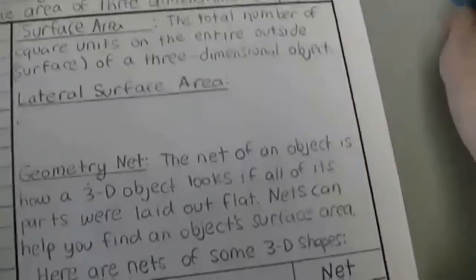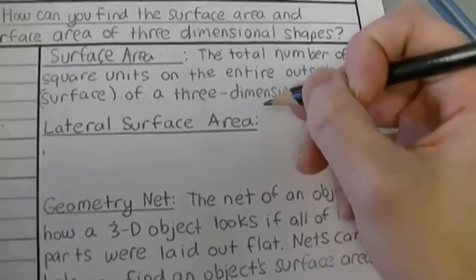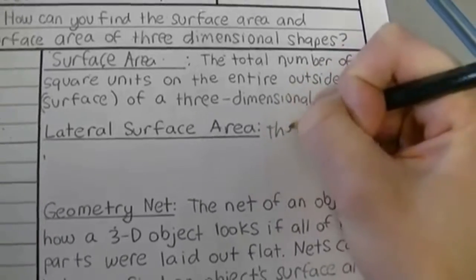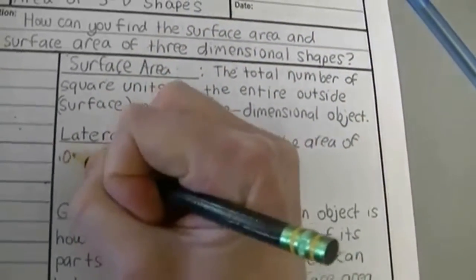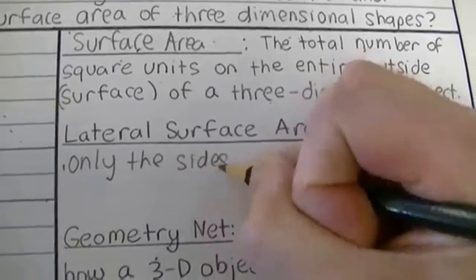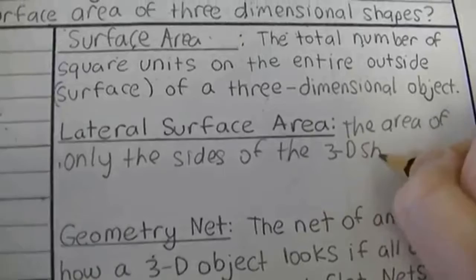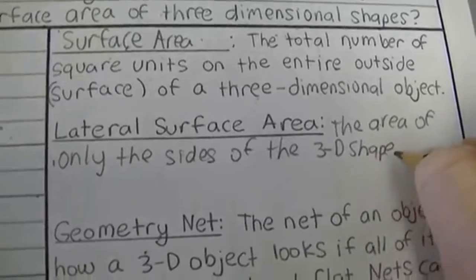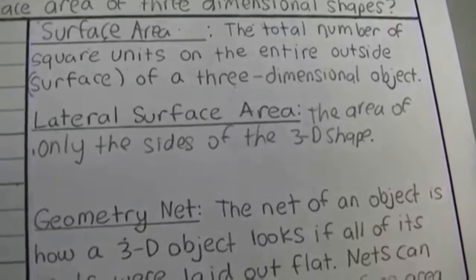Okay, lateral surface area is the area of only the sides of the 3D shape. So you're not going to include the shape's base or the top when you're calculating the lateral surface area.